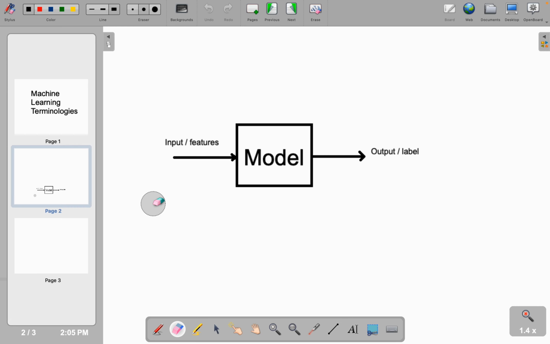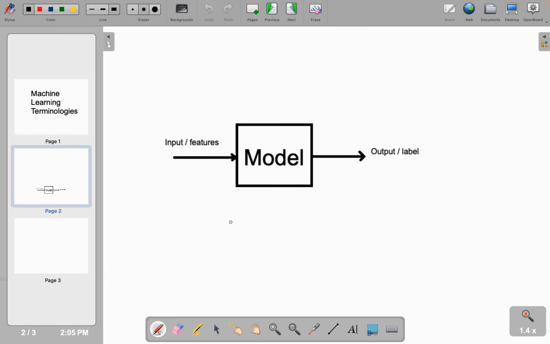So let's understand what features are here, right? Features are the building blocks that help the model to learn. They are variables that describe our data set very well, right? If we consider an example of housing price prediction, to predict the house price we would require some details, right?